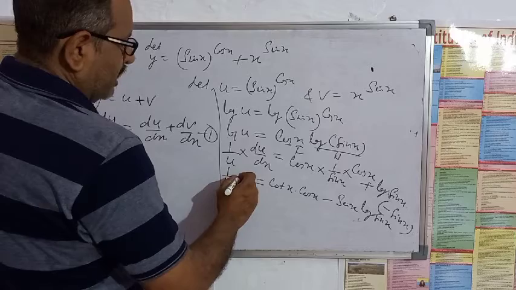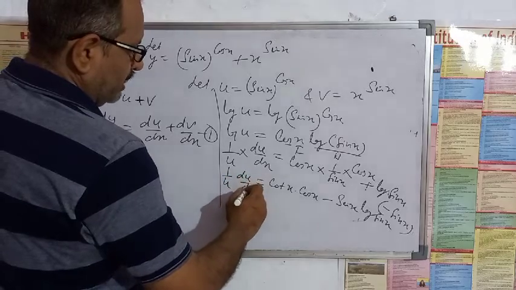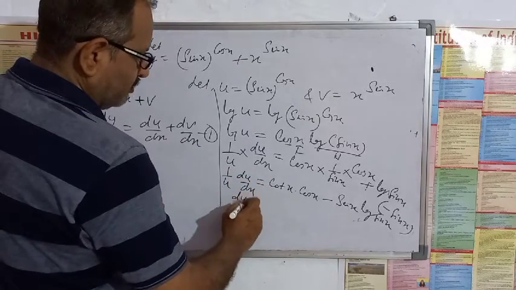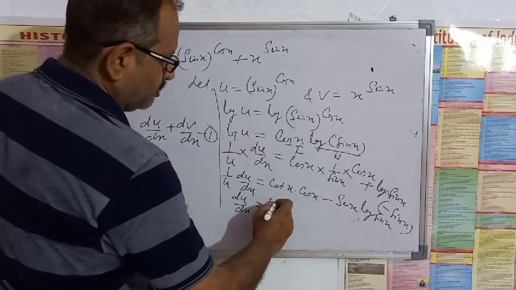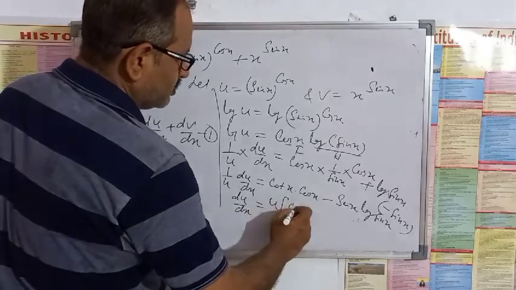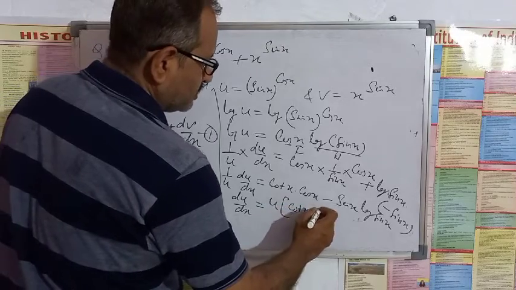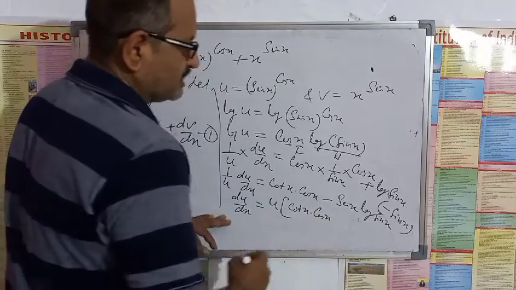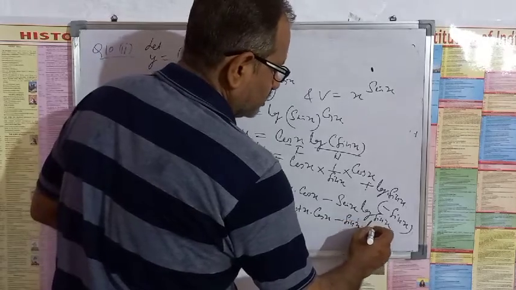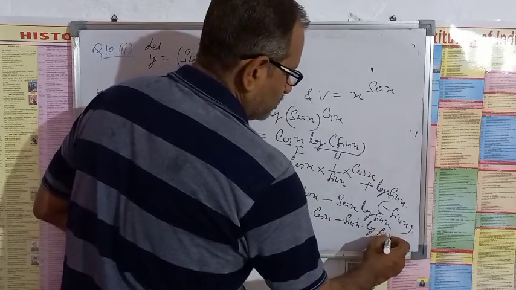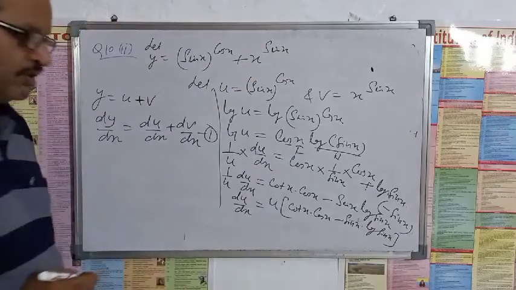It will be 1 by u du by dx. What will be du by dx? Cross multiply by u. So it is cot x into cos x minus sin x into log sin x.